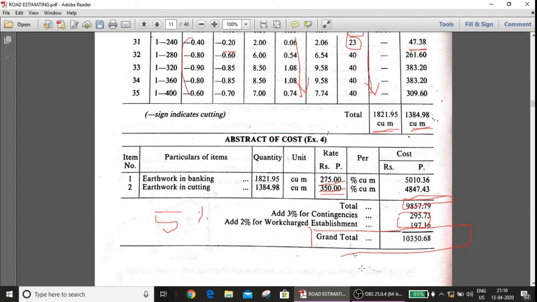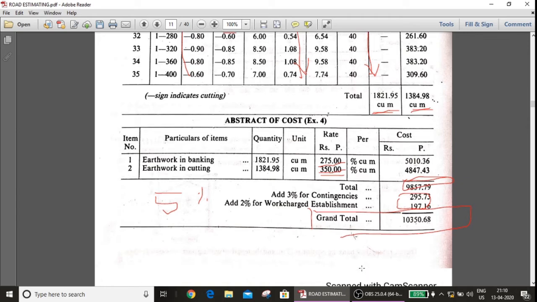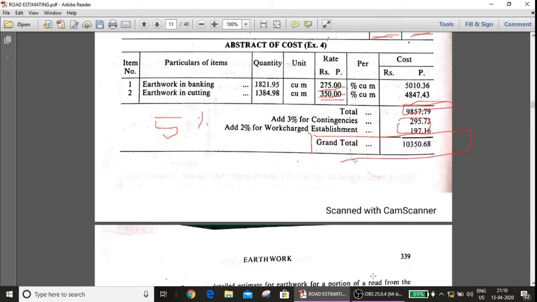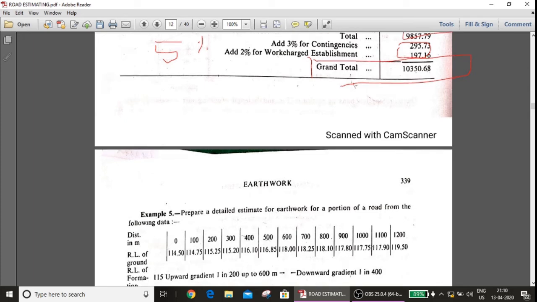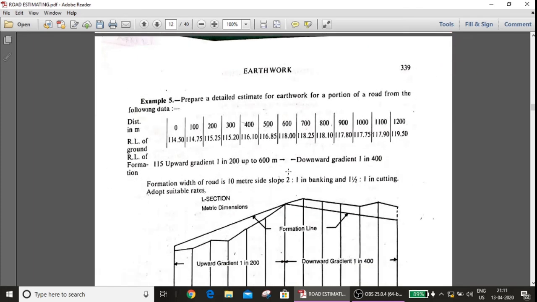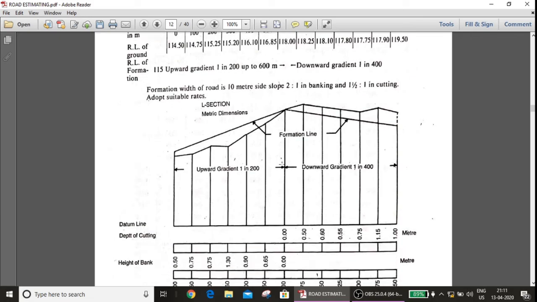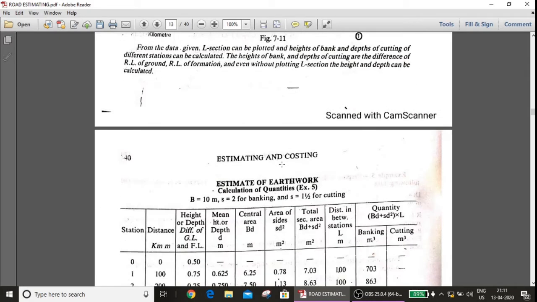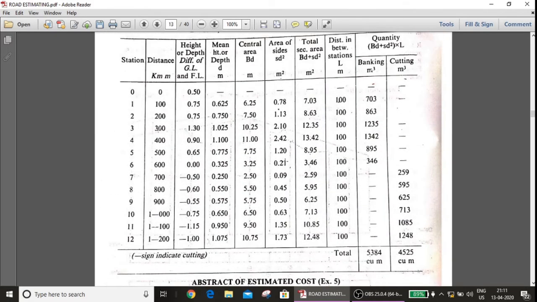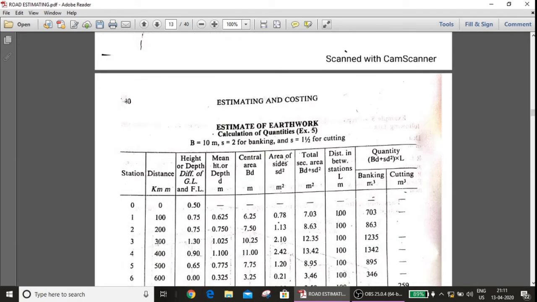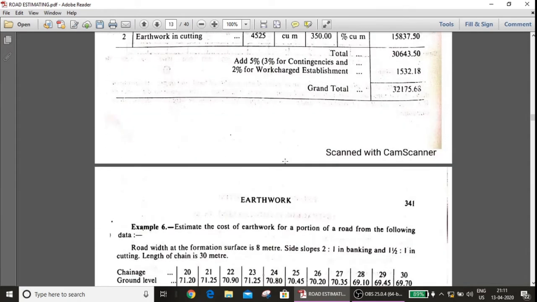So this was example number 4, which is a different problem. Here we can see both cutting and filling concepts have come in this problem, and example number 5 is for your assignment. It is also easy, same procedure, same similar triangle concept. You try it once.